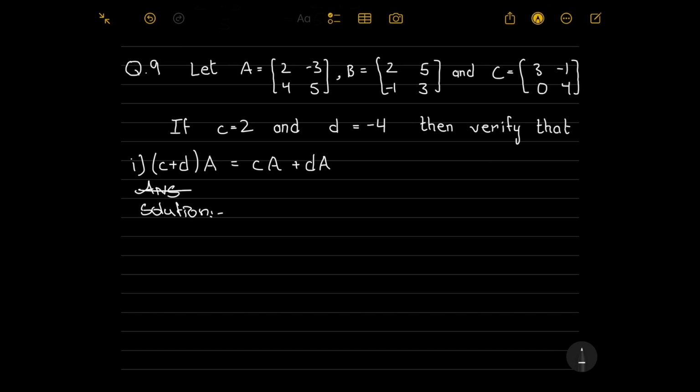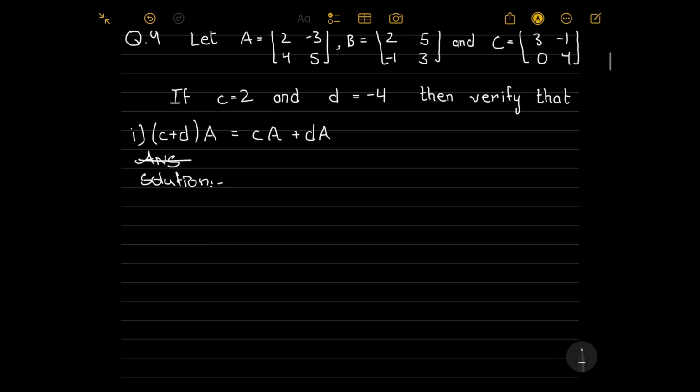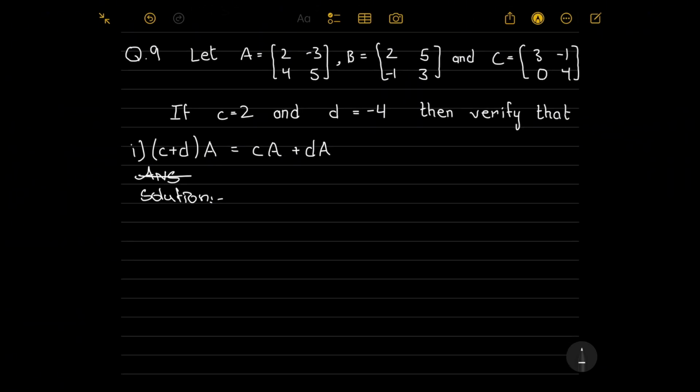Solution: the first is c plus d. The value of c is 2, and d is -4, with the A matrix. So the A matrix is 2, -3, 4, and 5.